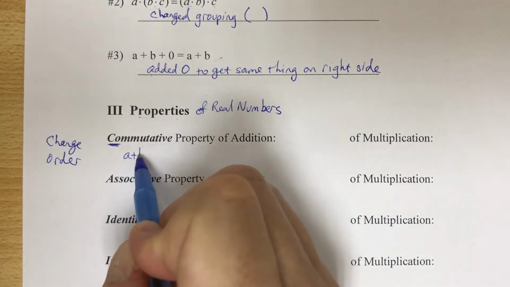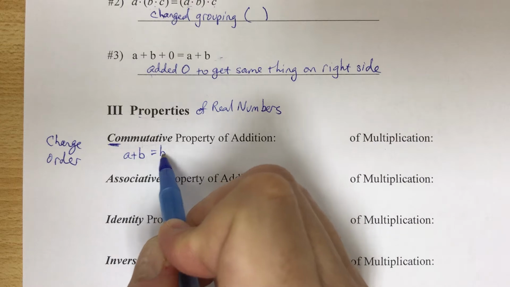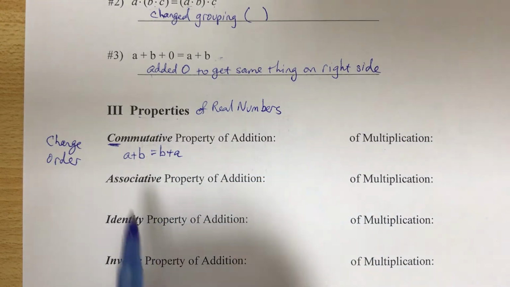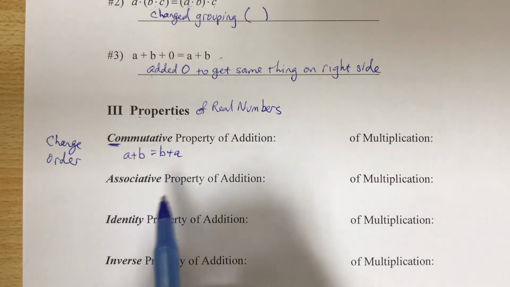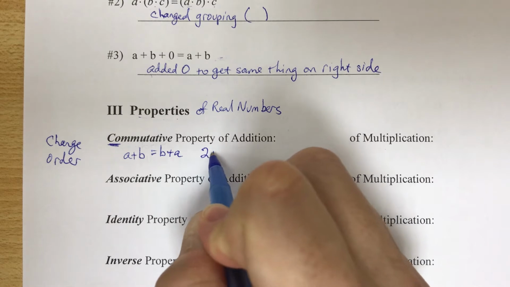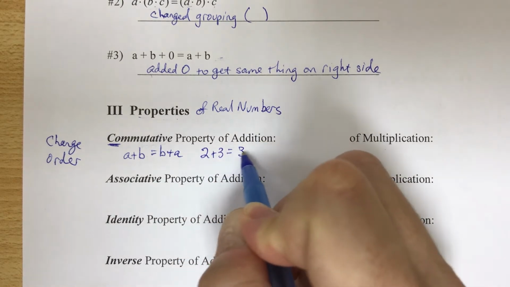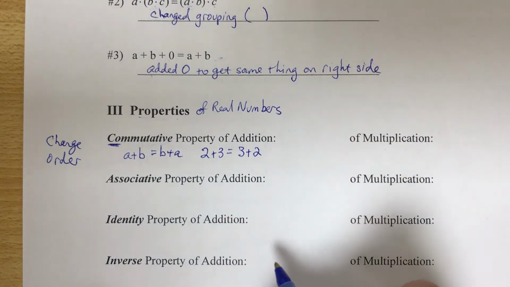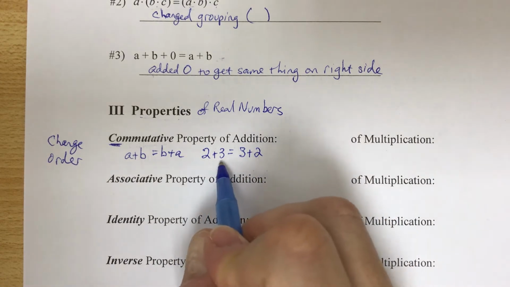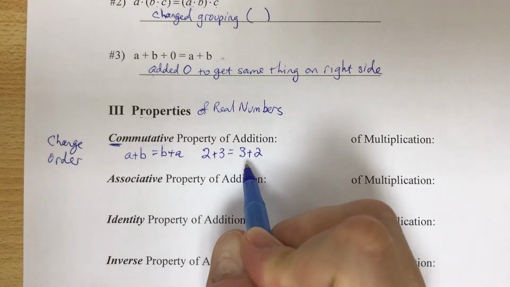Well, if I say A plus B, I can say that that is equivalent to B plus A. Now, this is how we write this with variables, but I'm also going to give an example with numbers. 2 plus 3 is the same thing as 3 plus 2. When you are adding, it doesn't matter what the order is.